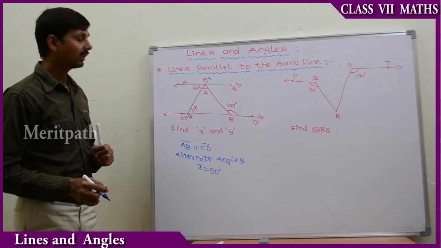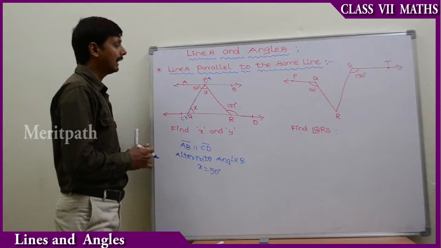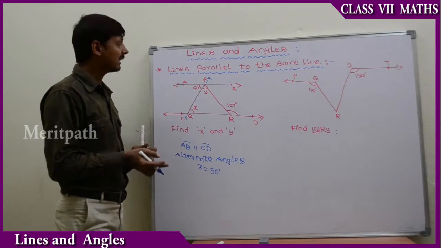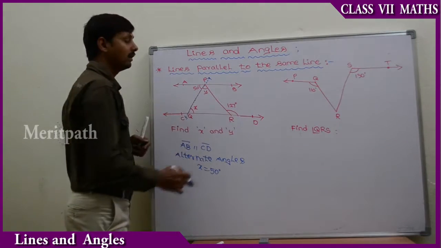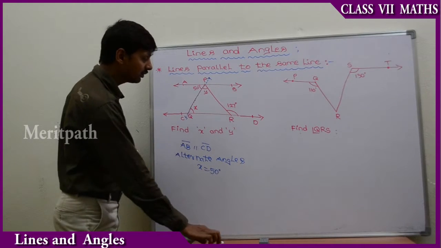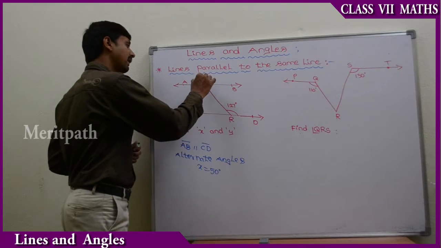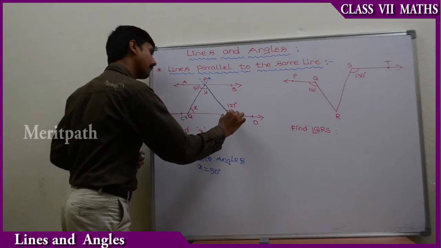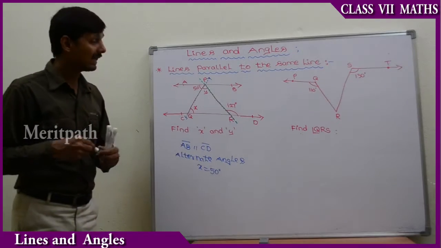Now if we consider PR as a transversal and AB and CD are two parallel lines, then the angles are equal.